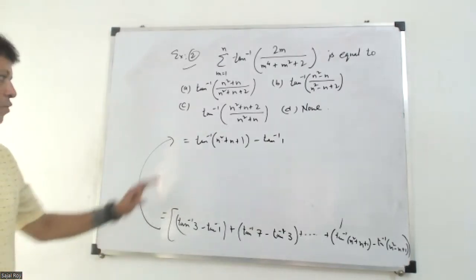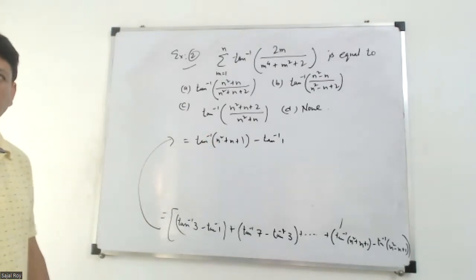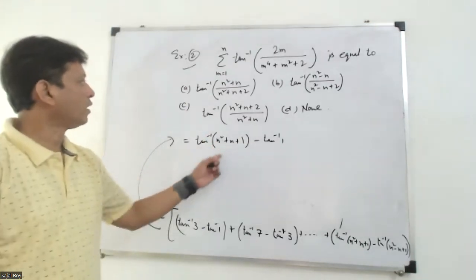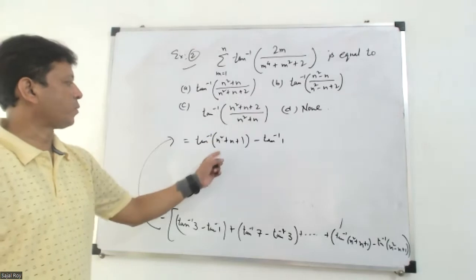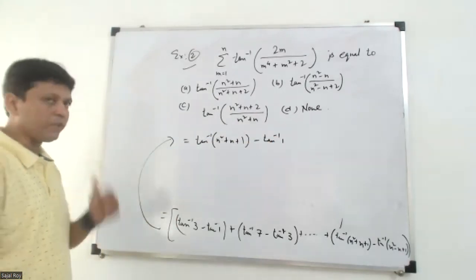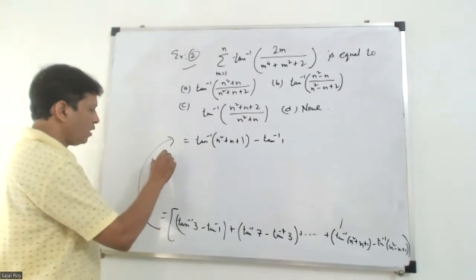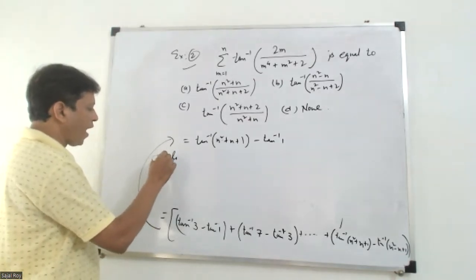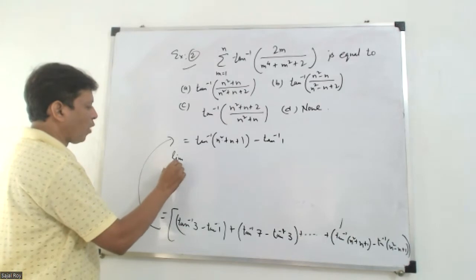Okay, so this is the part. You can simplify this one, you will get some expression because you will apply tan inverse a minus tan inverse b.